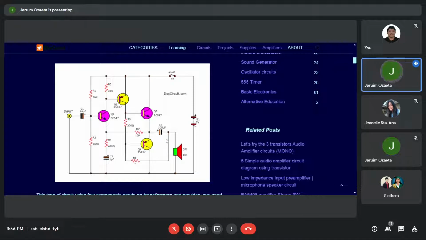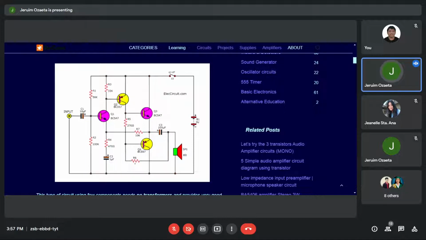Take note of the capacitor polarity. Actually, although this capacitor is polarized, it must be a non-polar capacitor. Why? Because sometimes if this conducts, this will become negative. So the positive charge when Q3 conducts will turn out to be negative. Yan.